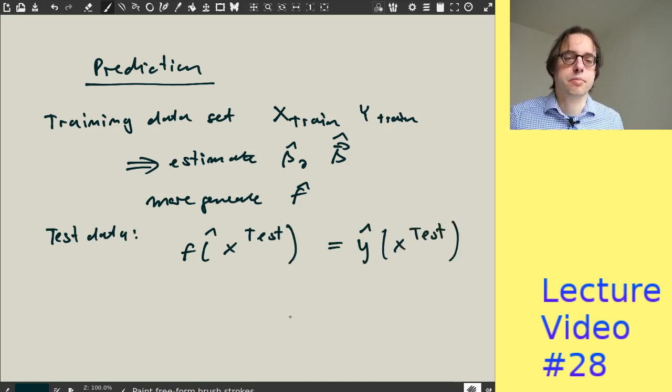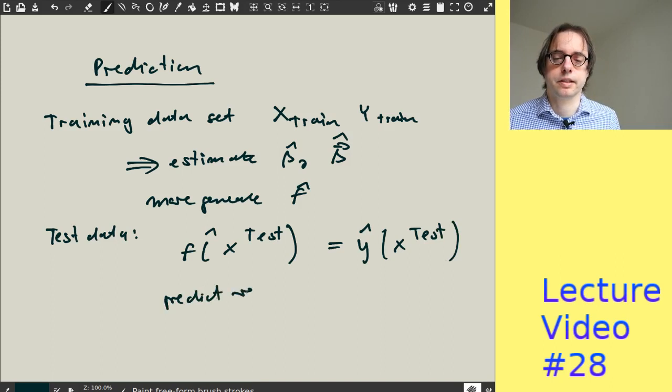This is a point estimate, so we predict a response or label.